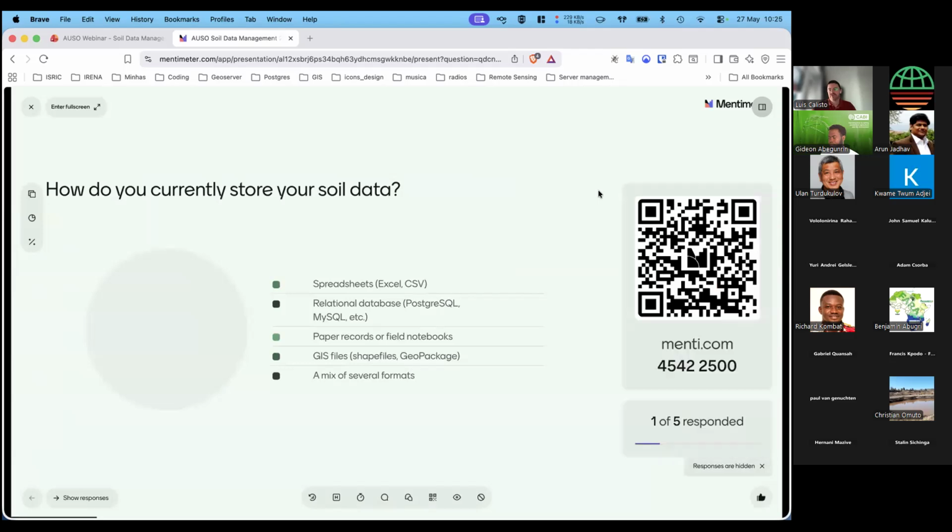You can use your cell phone, or you can go to the website and enter it here. So let's start, and please feel free to answer. I'm keen to know how you really store your data. And try to engage on this. Like I said, there are no right or wrong answers here.